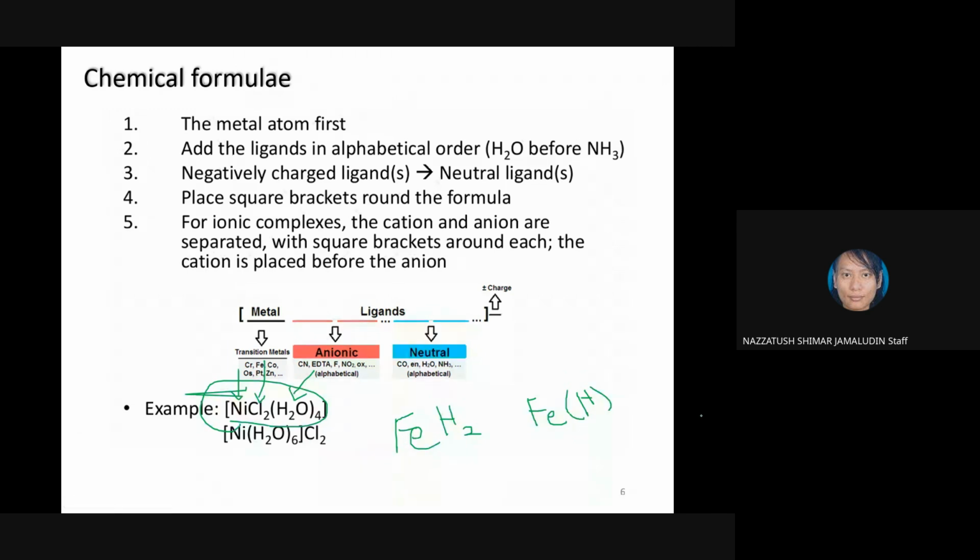Can anyone here tell me what's the difference? That's why the soft bracket is important, to make sure that every ligand is grouped accordingly, so they can be distinguished among other ligands. Can anyone tell me the difference between these two, FeH2 and Fe(H)2?